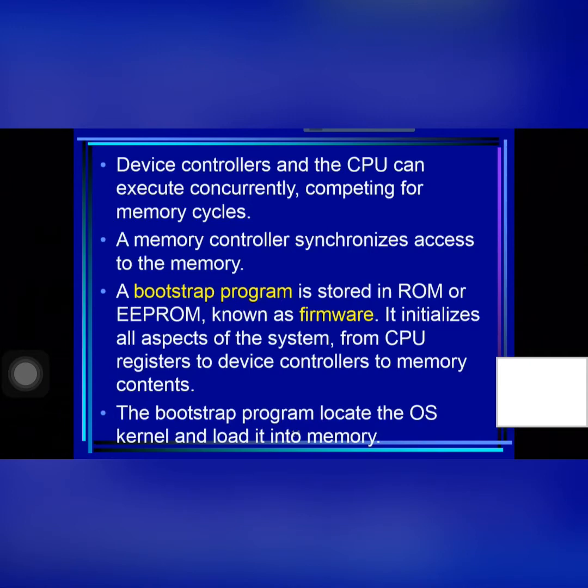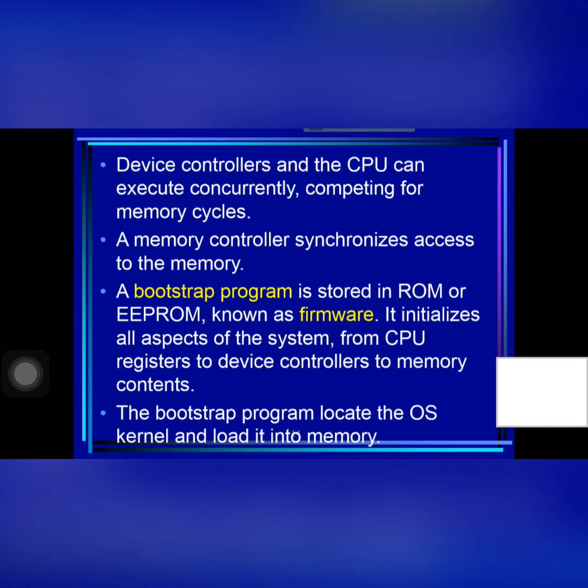Typically, it is stored within the computer hardware in read-only memory or electrically erasable programmable read-only memory, known by the general term firmware. It initializes all aspects of the system, from CPU registers to device controllers to memory contents.